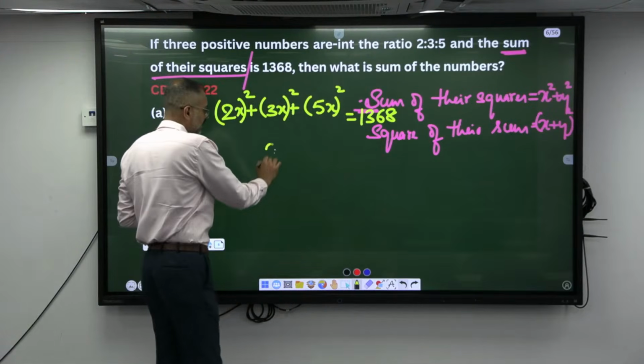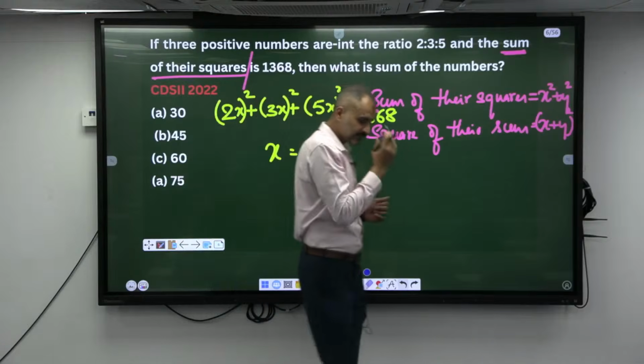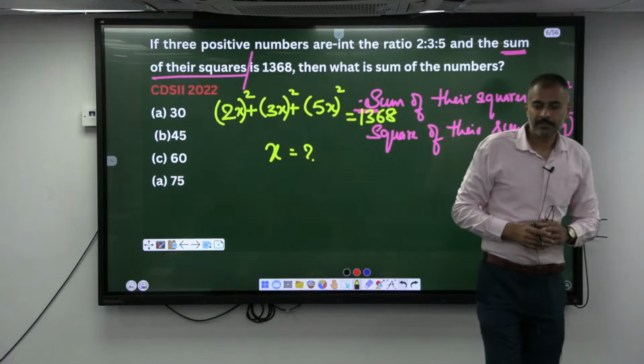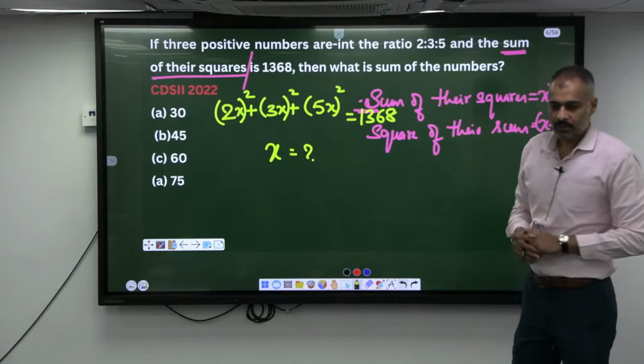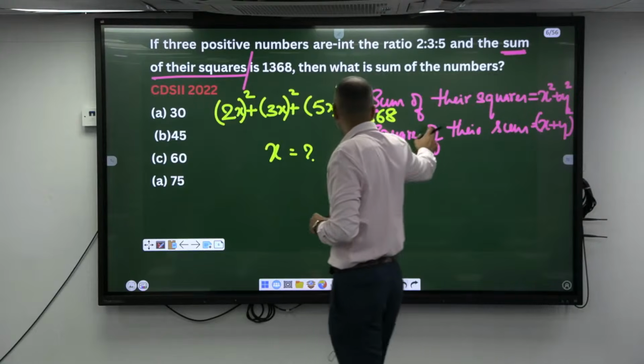Then what is the sum of the numbers? Can I find out the x value? Know the difference here.